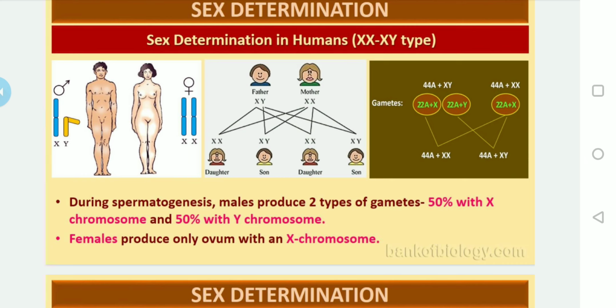Out of that, 50% of the total sperms carry the X chromosome and the remaining 50% carry the Y chromosome besides the autosomes. The females, however, produce only one type of ovum, with an X chromosome.